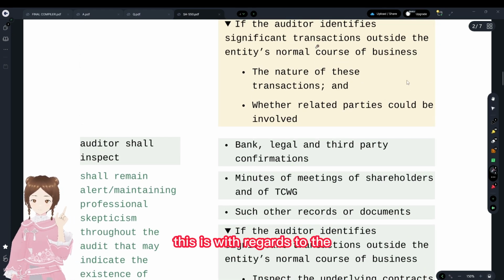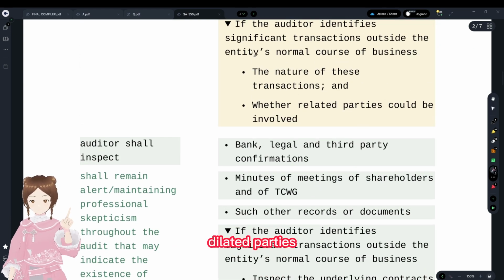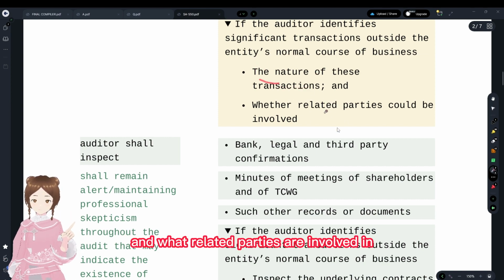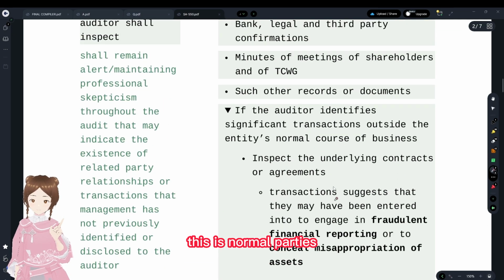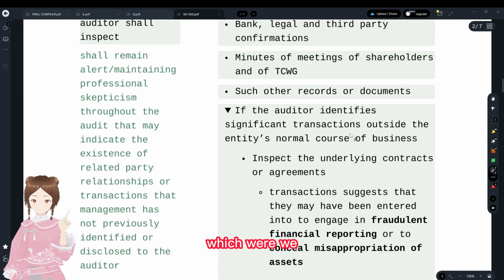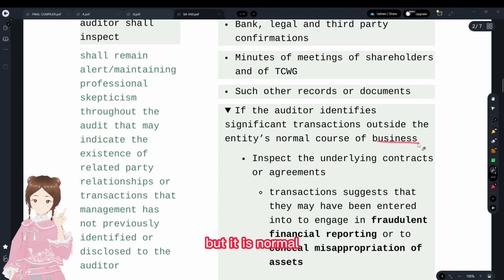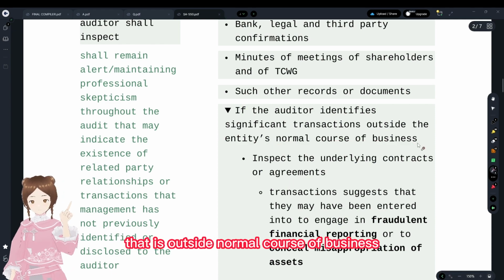He has to identify the nature of the transaction and what related parties are involved. These are normal parties which we have not finalized or identified as related parties, but the transactions are outside the normal course of business.